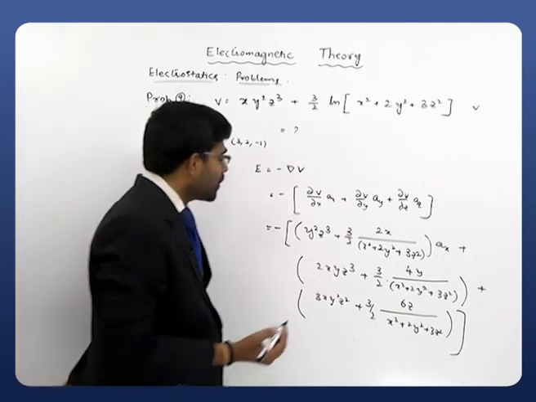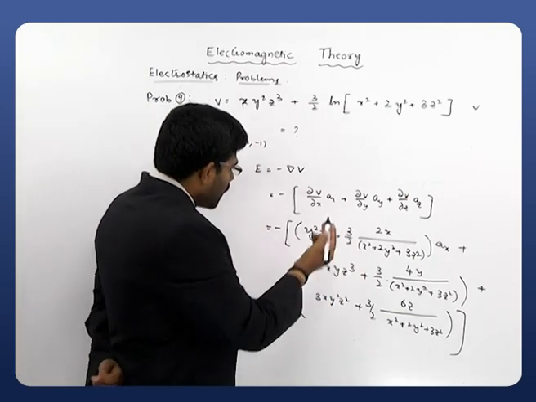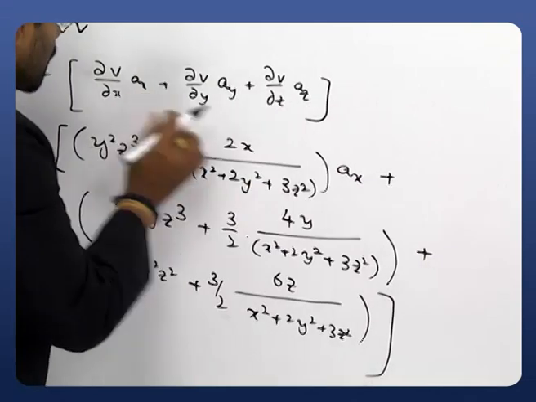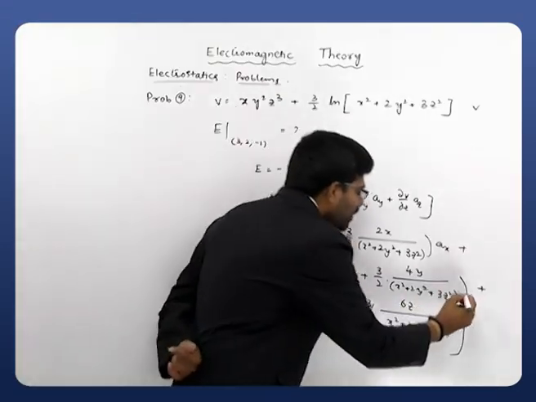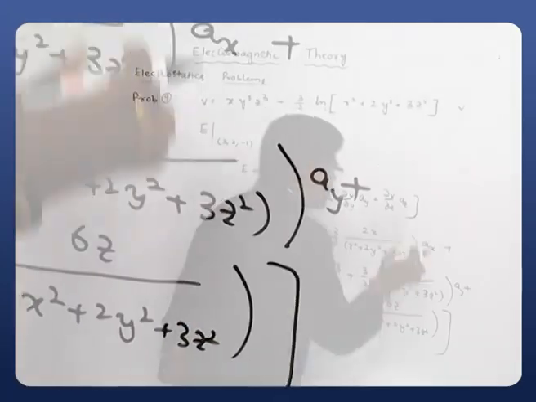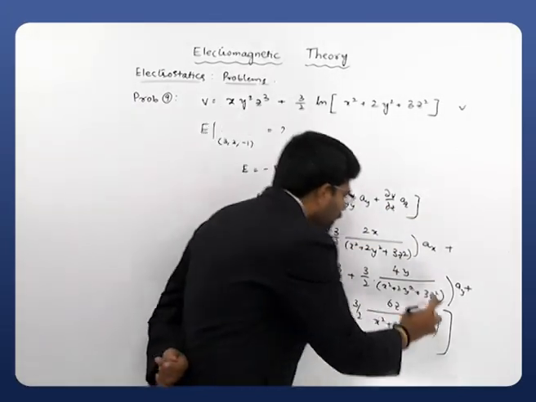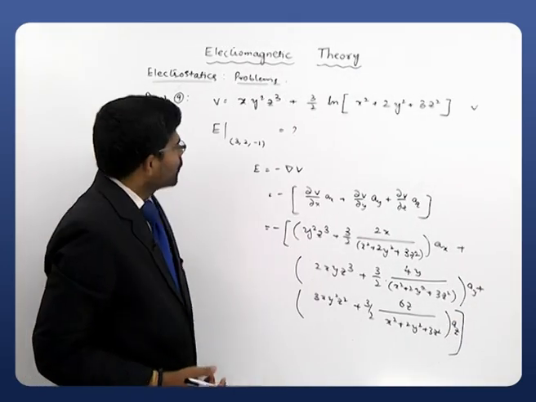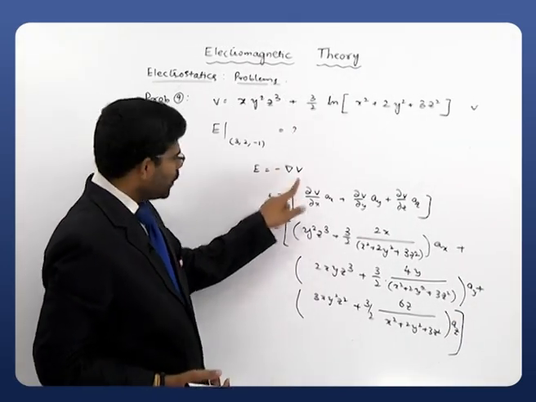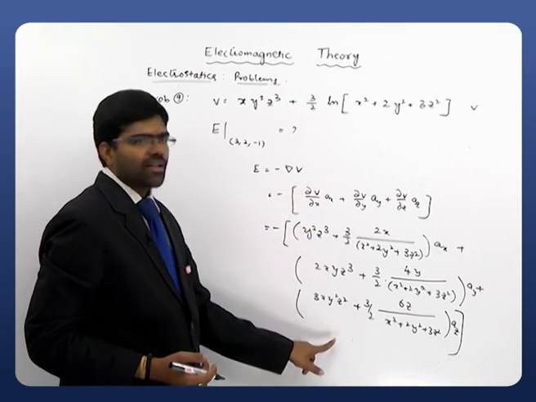Now clearly observe, I forgot to write down the unit vectors here. For the first term the unit vector is ax, for the second term, ∂V/∂y, the unit vector is ay, and for the third term, ∂V/∂z, the unit vector is az. Now clearly observe, using our potential we got this entire expression.